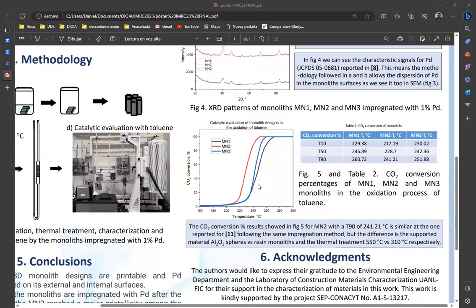This behavior is explained by the turbulence generated in the cross sections of the channels and the residence time of the gas flow within the monoliths. So these factors, in combination with the best crystallinity and good homogeneity of palladium on the internal and external surfaces, make it the best 3D printing design.